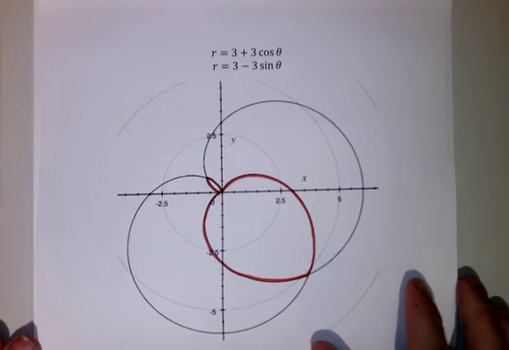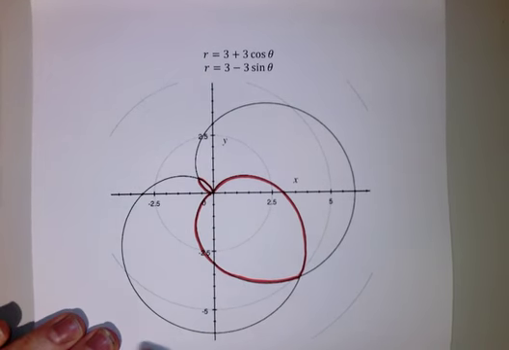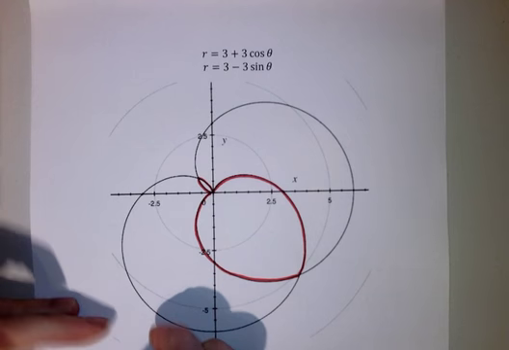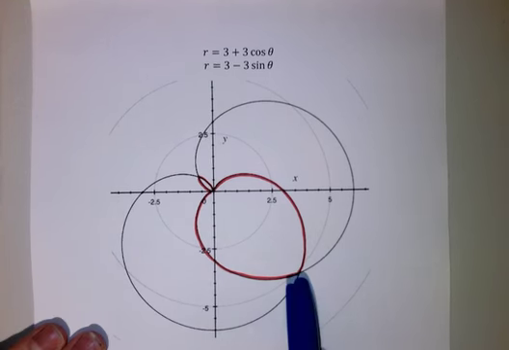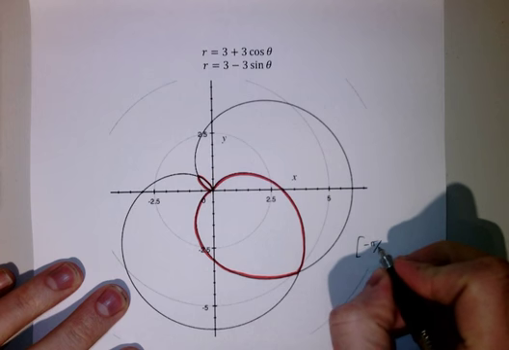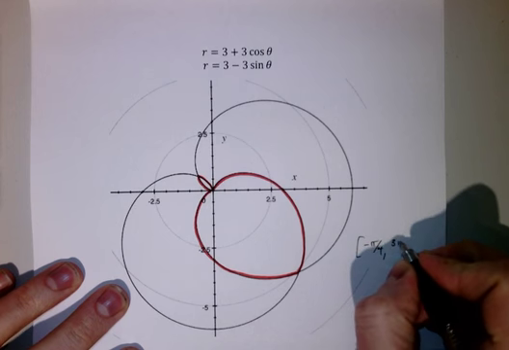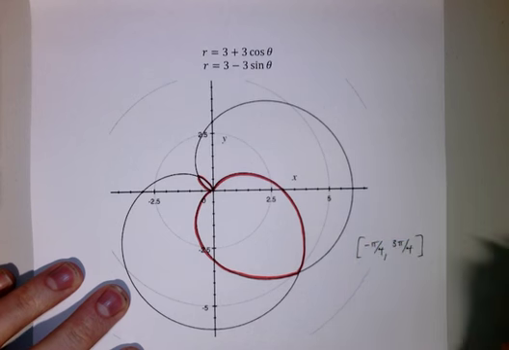We can find one side and then just multiply by 2. This portion of it up here, from here to here, was the interval negative pi over 4 to 3 pi over 4.